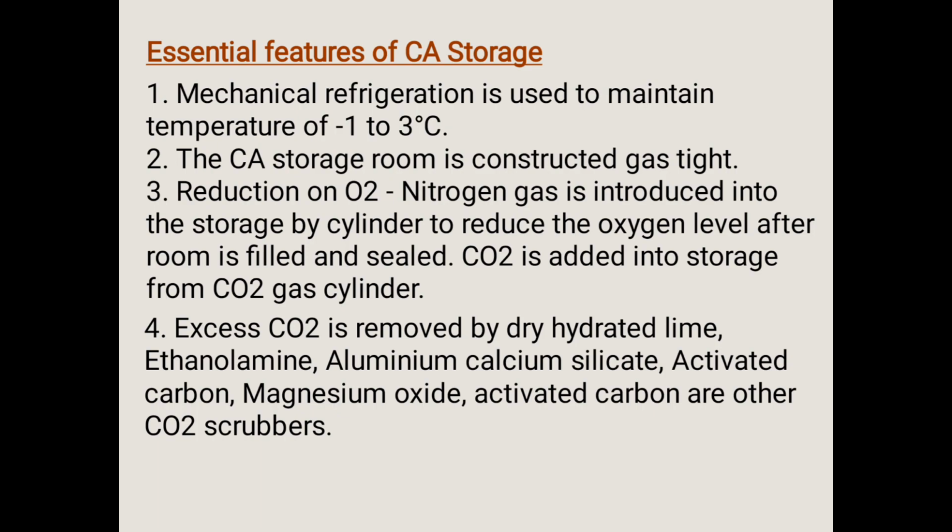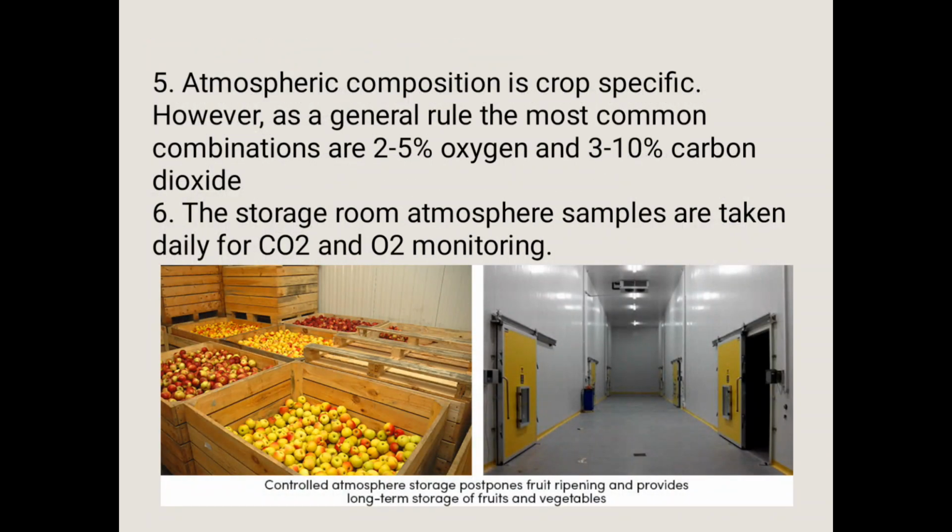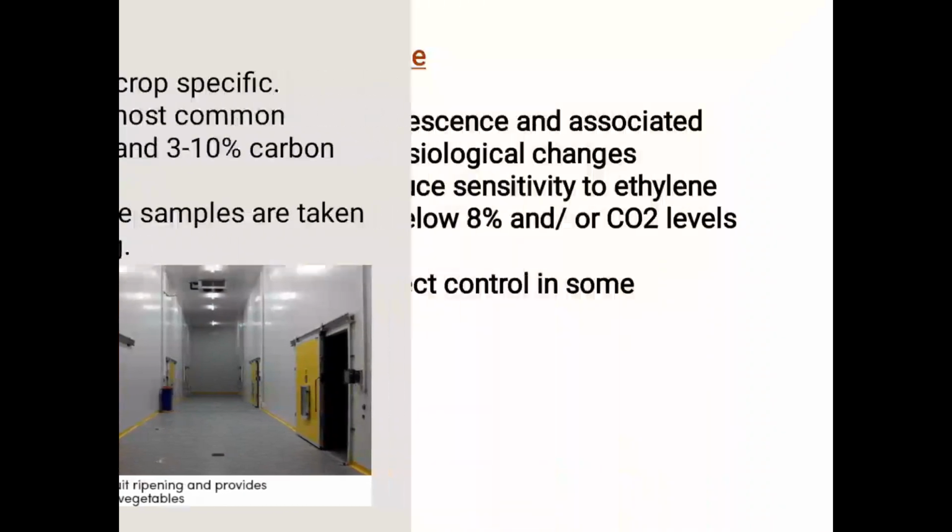Excess CO2 is removed by dry hydrated lime, ethanolamine, aluminum calcium silicate, activated carbon, magnesium oxide, or other CO2 scrubbers. So this is how CA storage looks like. This is how apples are stored in controlled atmosphere. This is how the structure looks like.